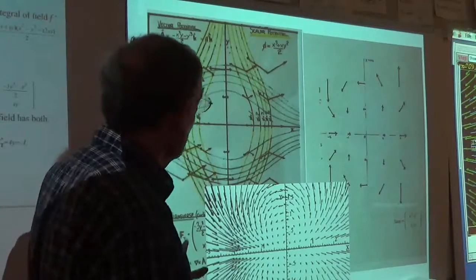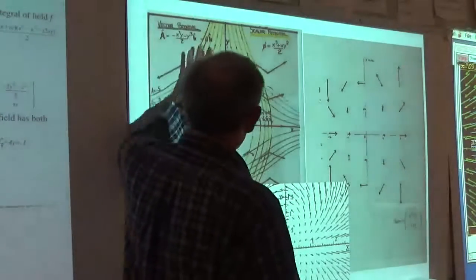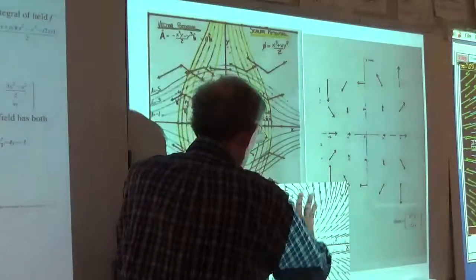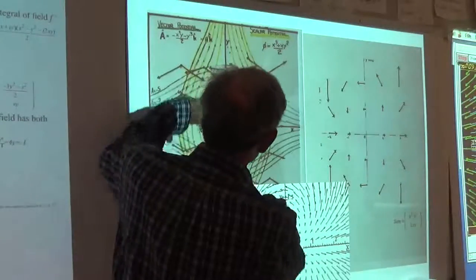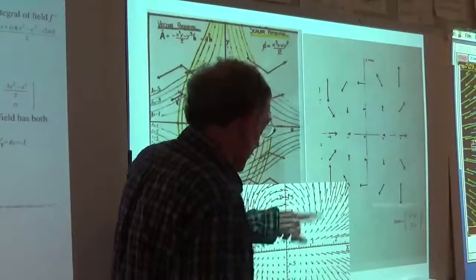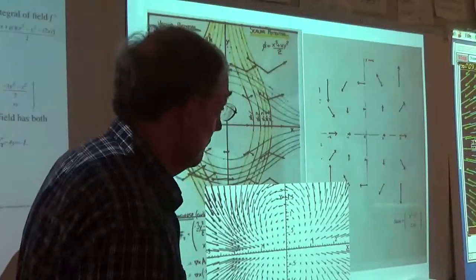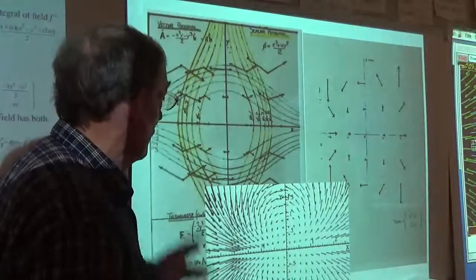So this is a description. These scalar guys go in here everywhere, and these guys go everywhere there to make this thing, which has curl everywhere and divergence everywhere.